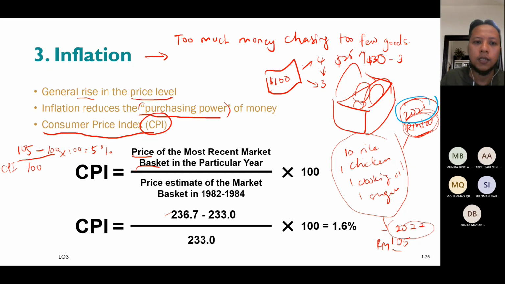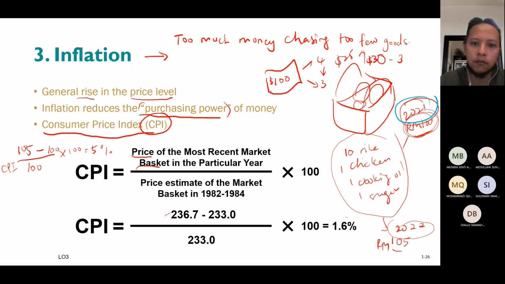Then you can calculate from the base year what the CPI is. Usually they show figures comparing year on year or comparing from the base year, so you have to see what the actual figures are. But basically this is how they calculate the increase in the price level of a country.